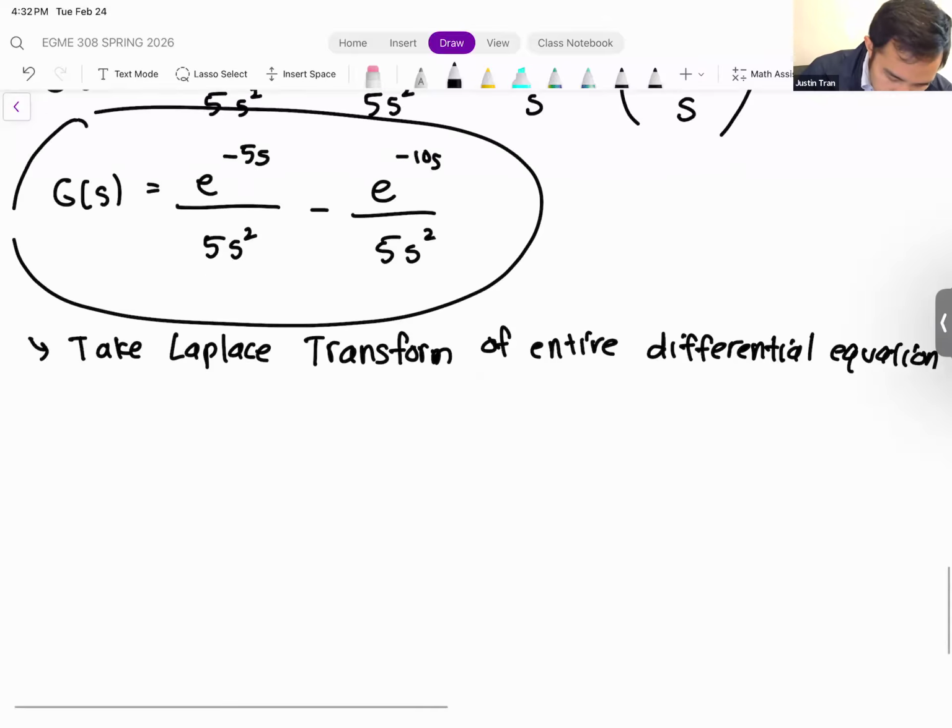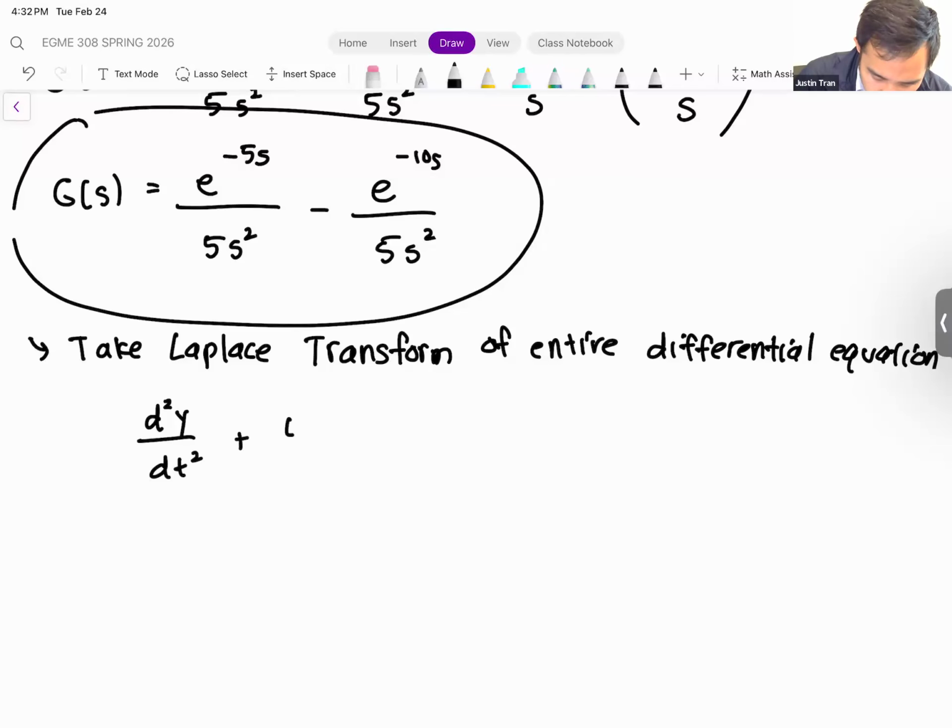Our differential equation in this case was d squared y over dt squared plus 4y is equal to g of t. I'm not going to write what g of t is. We just spent the last 20 minutes talking about that. So let's take the Laplace transform of this entire expression.